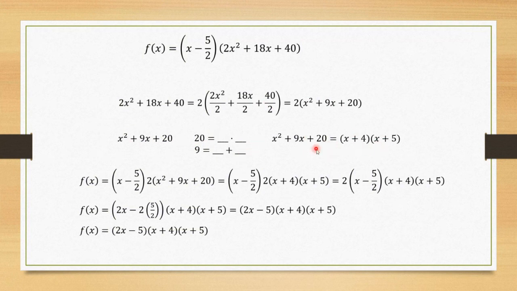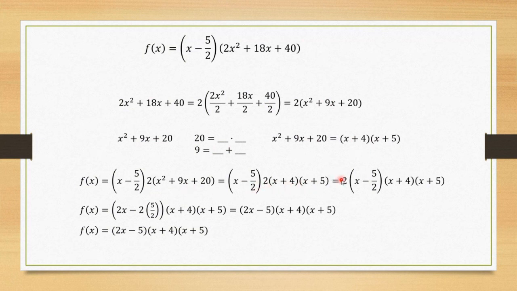So we have this. Now, we put it all in. All I did here in the first step, the 2x squared plus 18x plus 40, I replaced that with this. And then the x squared plus 9x plus 20, I replaced it with this.